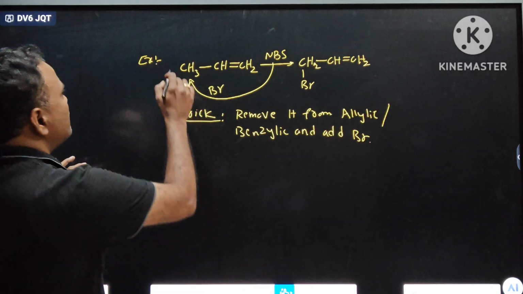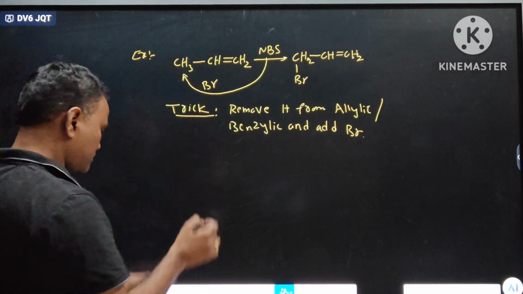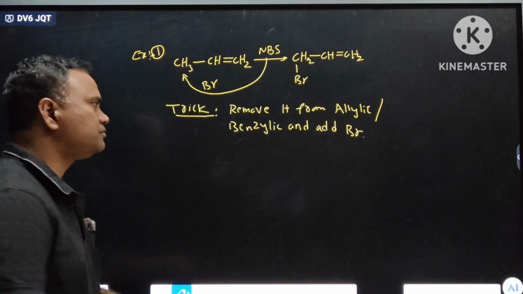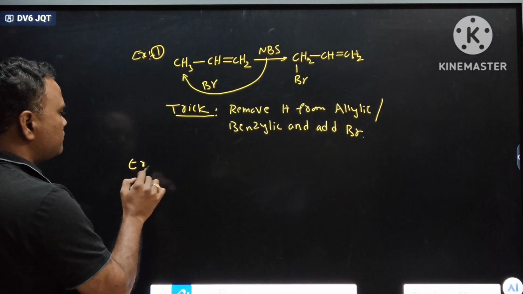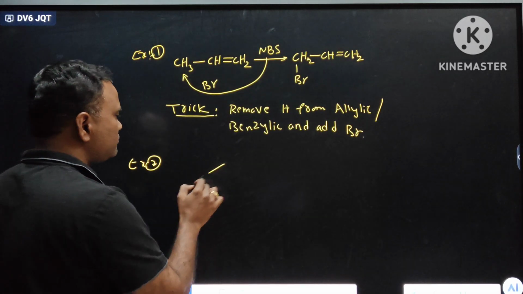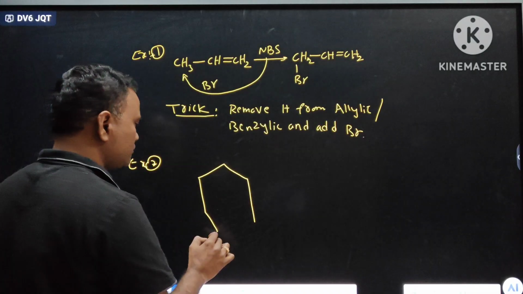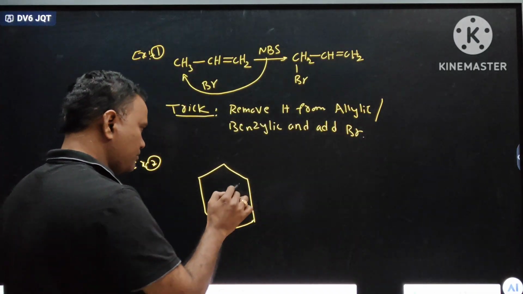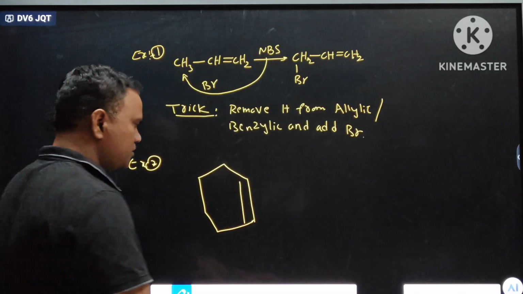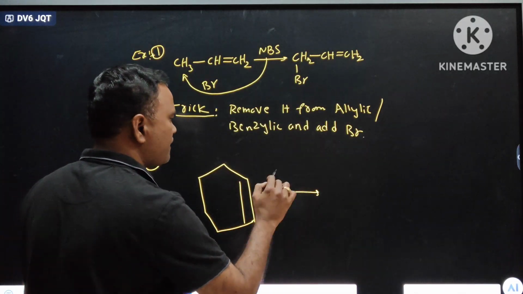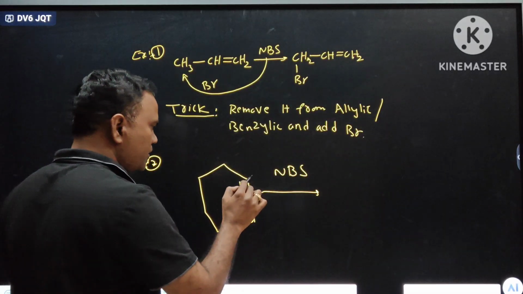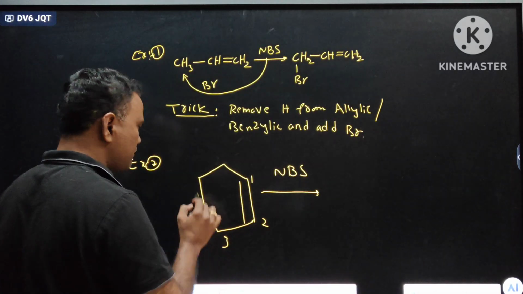Example 1 is okay for everybody? Example 1. Right? Next, example 2. NBS. I'm giving numbering 1, 2, 3.